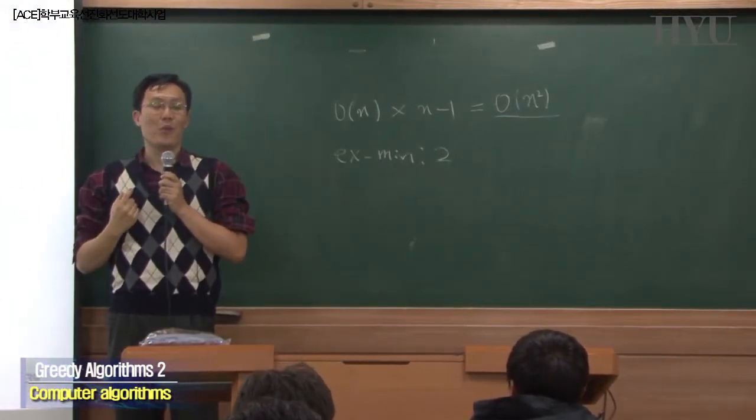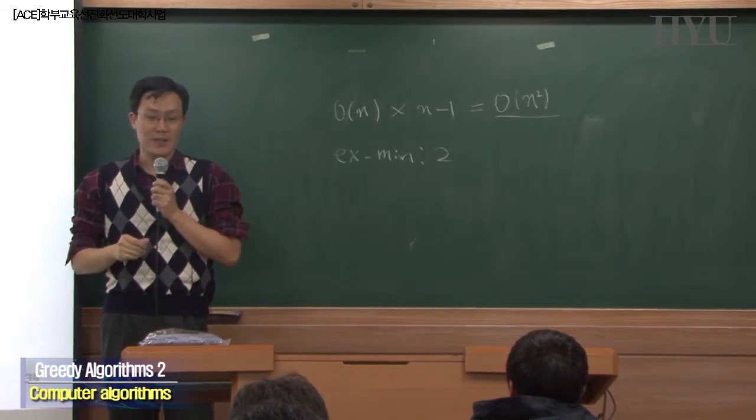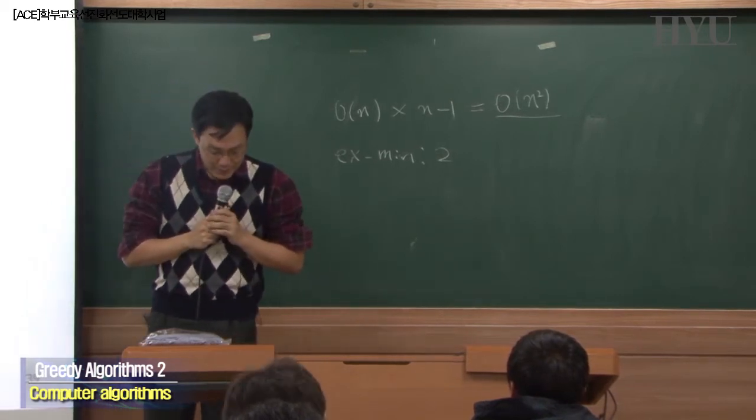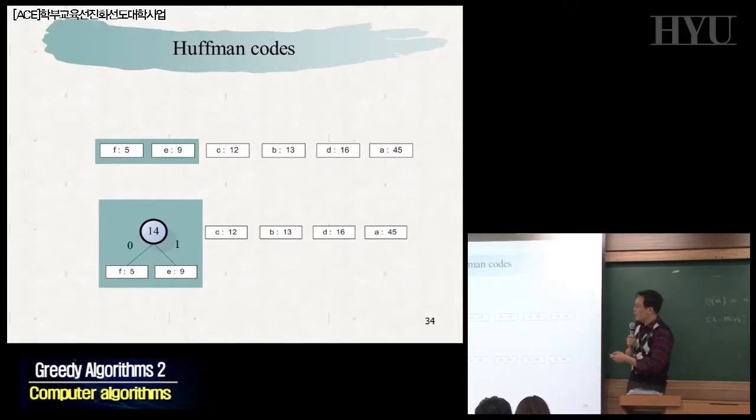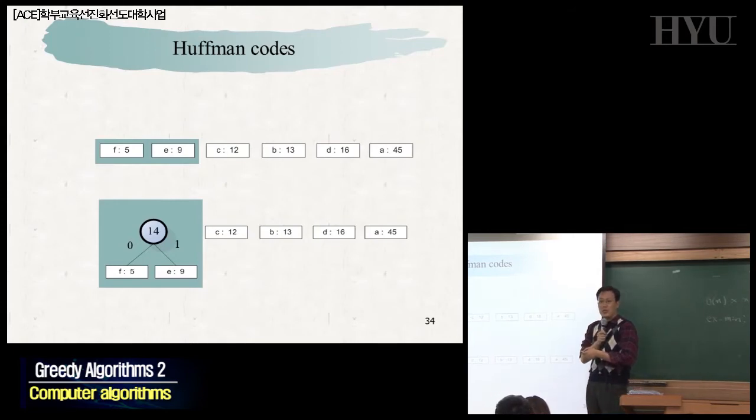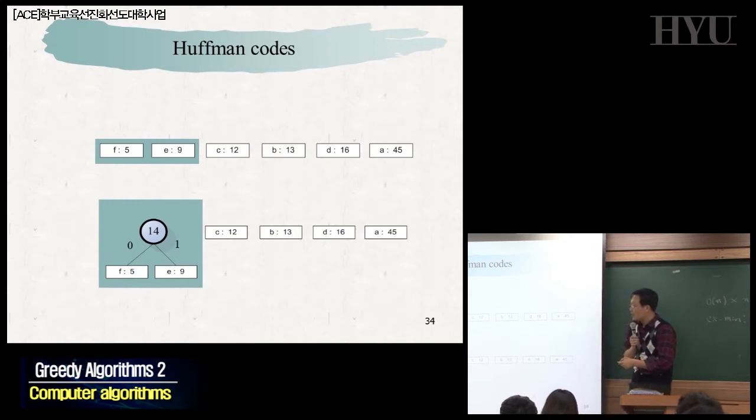And we need one more. What is it? After 2 extract min operations, these 2 elements are removed from the heap. And then we have to add this into a heap. So we need a heap insert operation. And what's the running time?